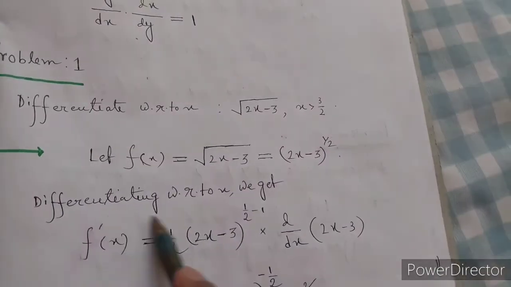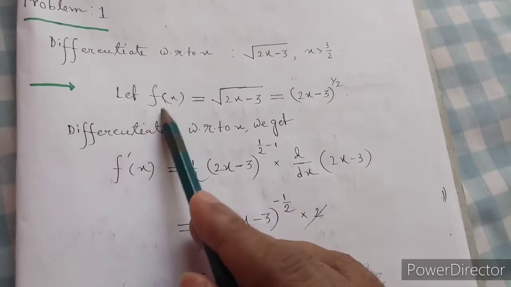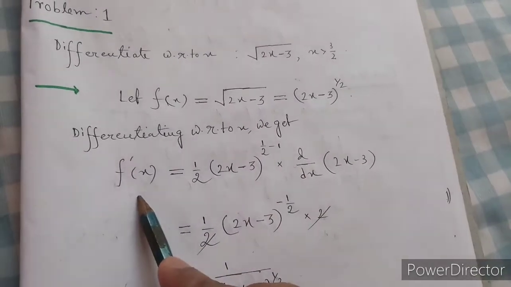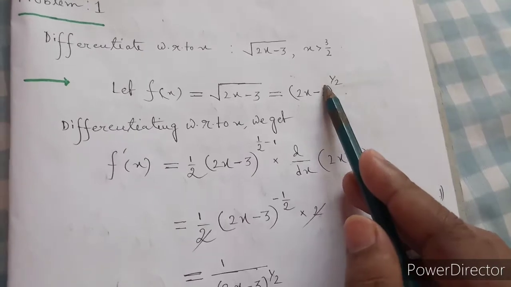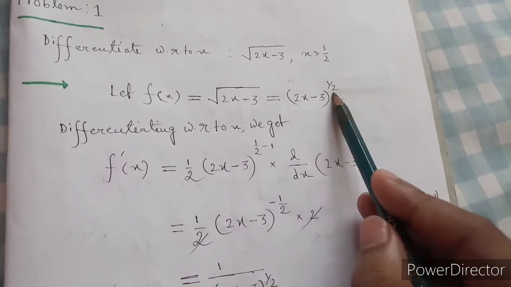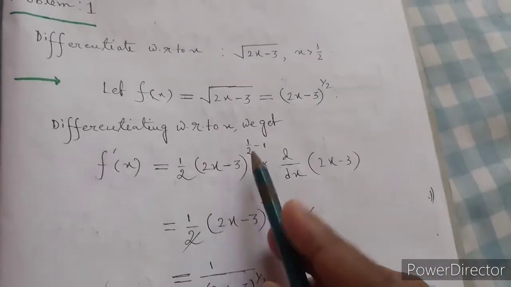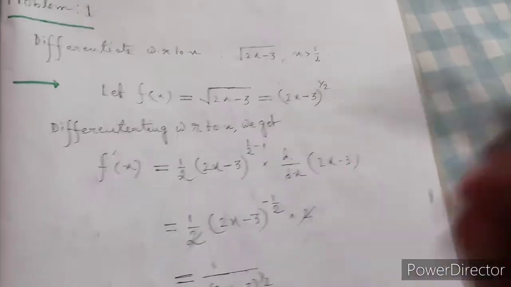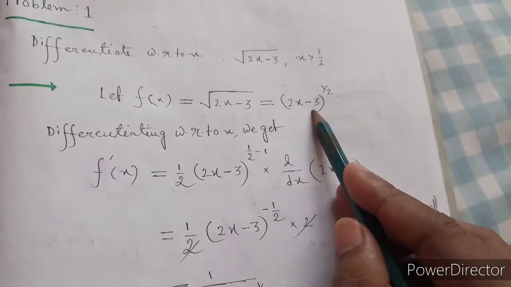Now differentiating with respect to x we get f dash x. Consider 2x minus 3 as a single x, so x to the power half. The derivative of x to the power half means half of x to the power half minus 1. And again according to the chain rule, we need the derivative of 2x minus 3.